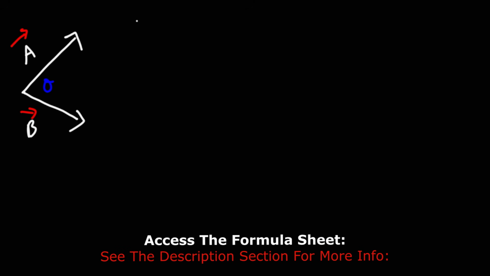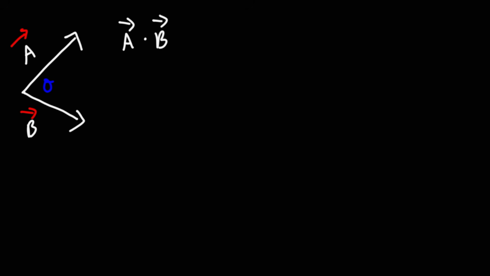Let's say if you want to multiply two vectors. The first method is called the dot product. The dot product, the result will give you a scalar quantity. So you're multiplying two vector quantities, A and B, and you're going to create a scalar quantity, something that's not a vector.